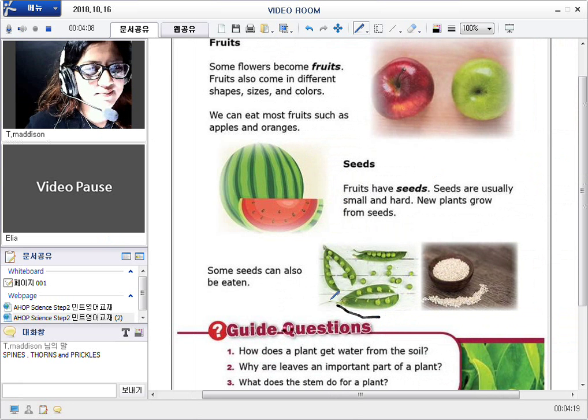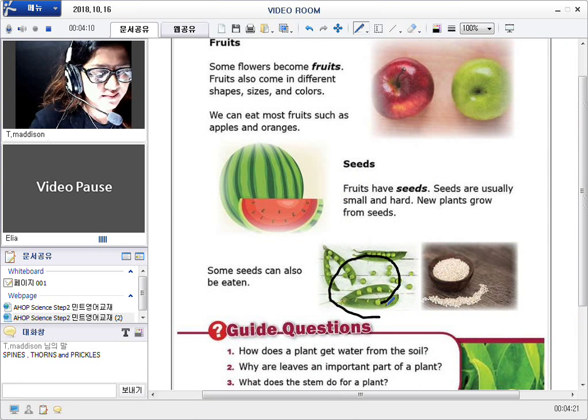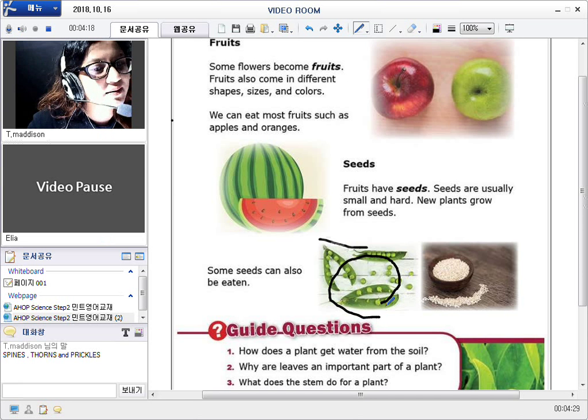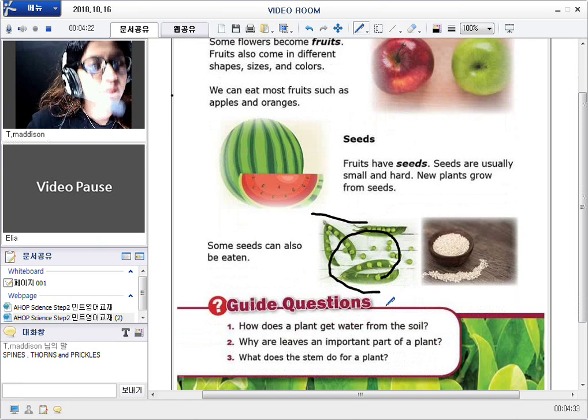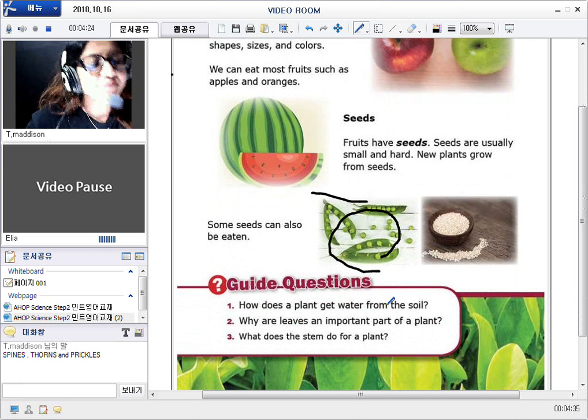Beans? Only beans? Beans, okay. Yes, as shown here, although it's generally classified as a vegetable. Yeah, I think that's right. Well, anyway, and corn. Corn. Yes. Very good.